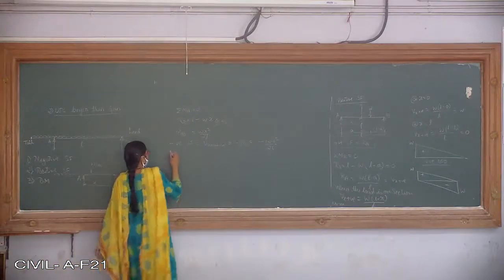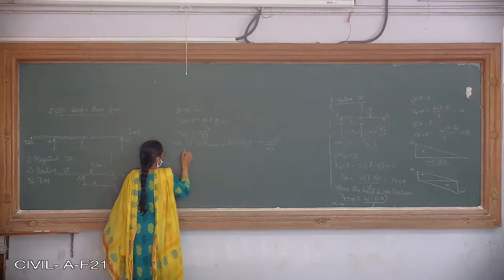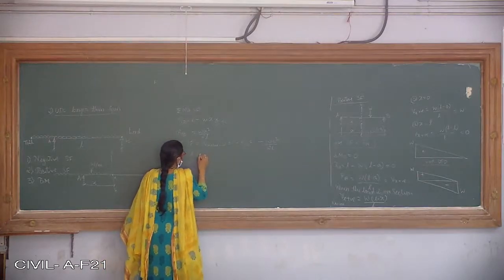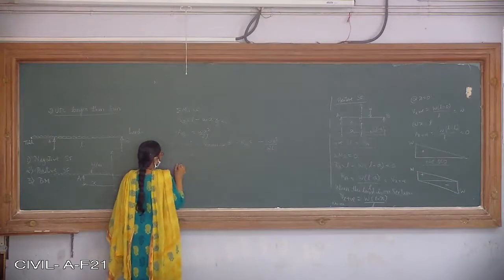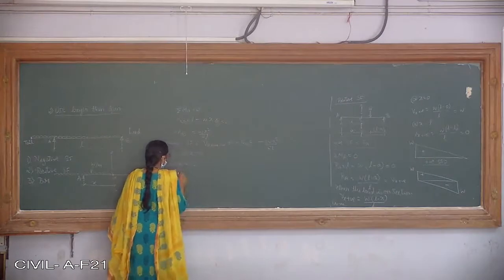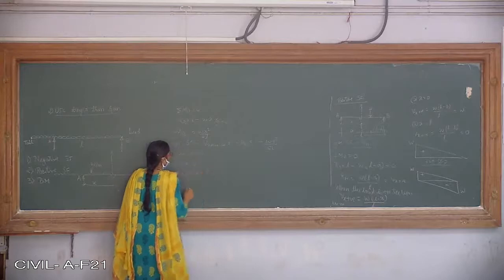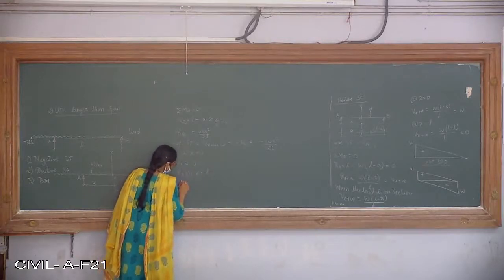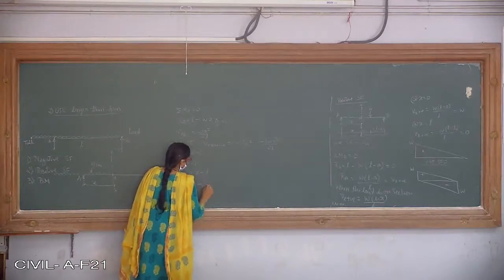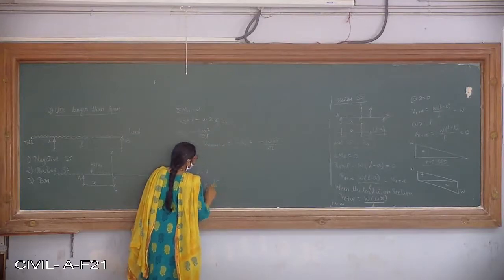So if I substitute the value of x, Vx the shear force at x, when x is equal to 0, I am going to have Vx is 0, and Vx at x equal to L is going to be what? Vx is equal to minus W into L square by 2L.